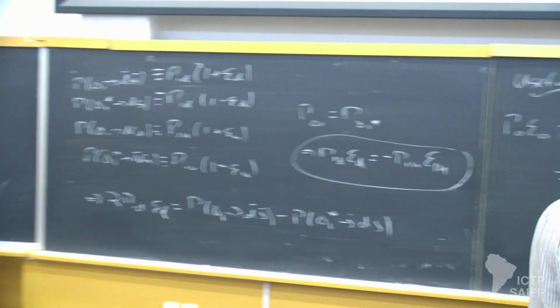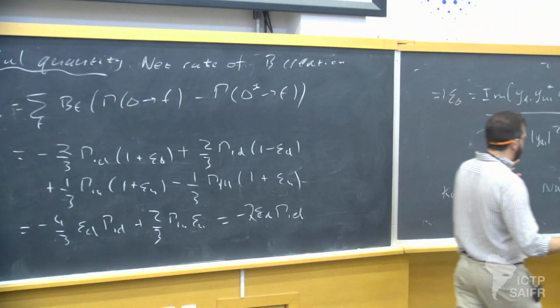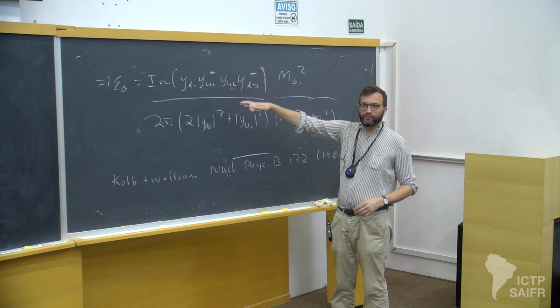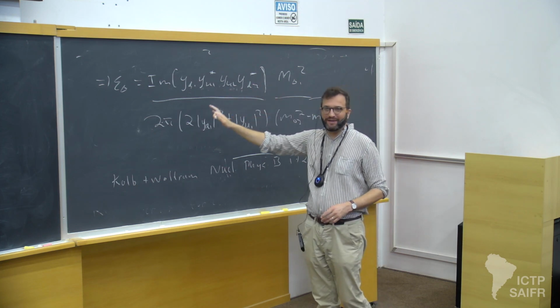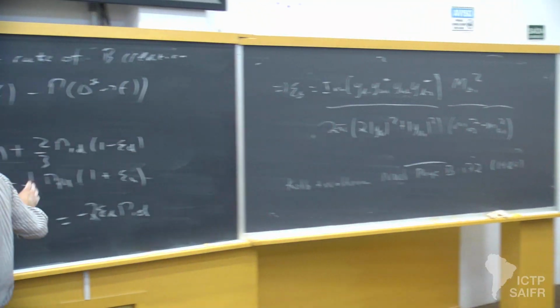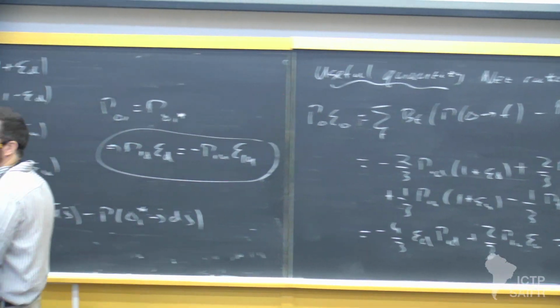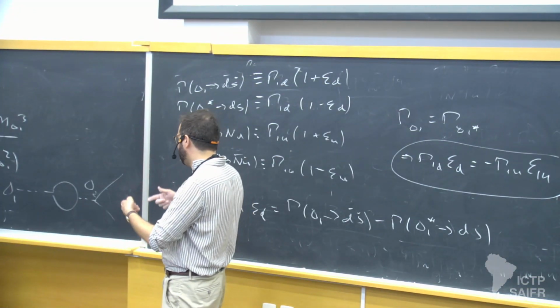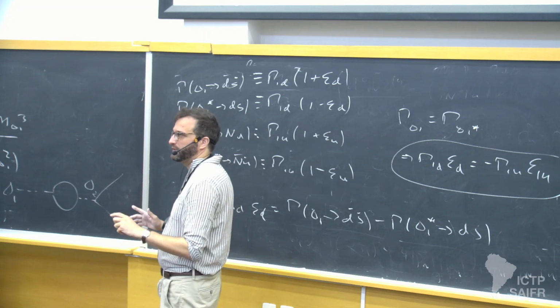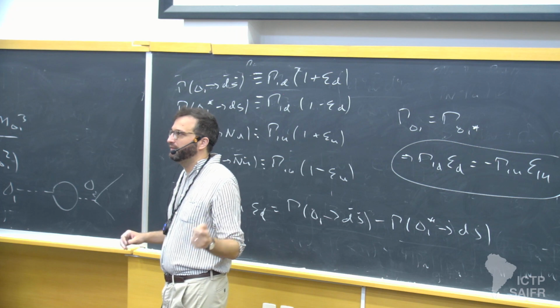You can see that if you take this mass splitting to be smaller and smaller, you increase the CP violation. But you have to be careful. There are other effects when you take them really close. You also have to take into account the finite widths, which aren't included in the way I've written this.